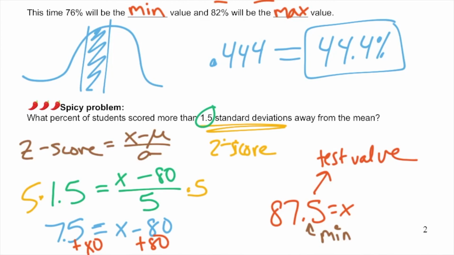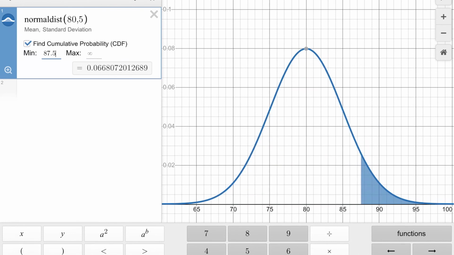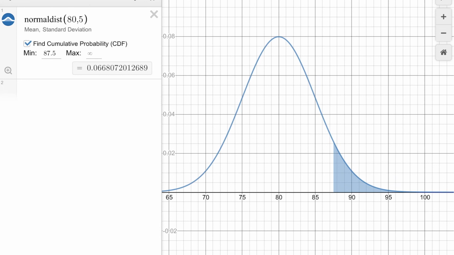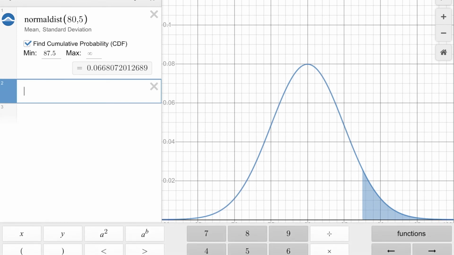So let's go back to Desmos to finish this. So I want to put that 87.5 in for my minimum, and the maximum is infinity because we want everybody above that. And we get 0.0668. Now another way that we could actually do this is not actually find that test score at all.